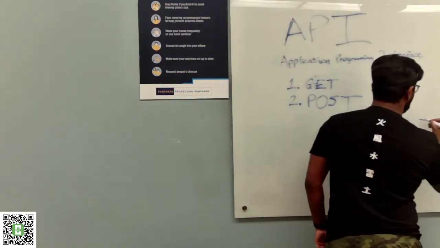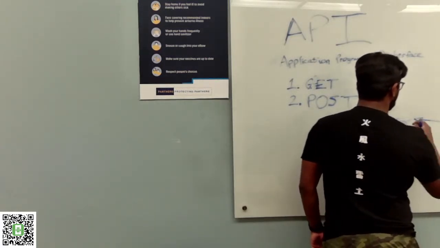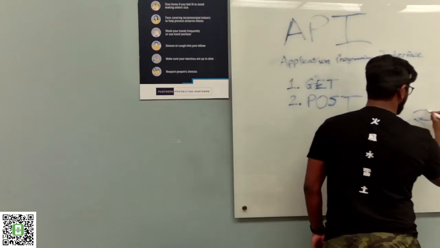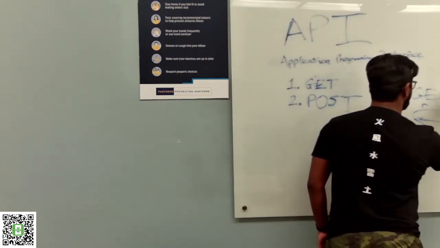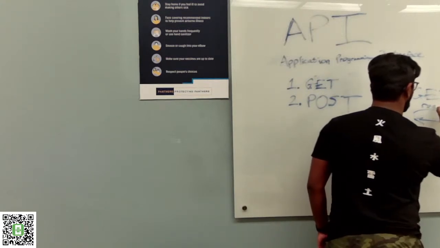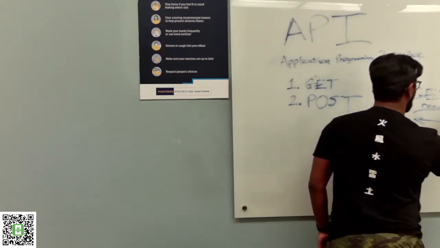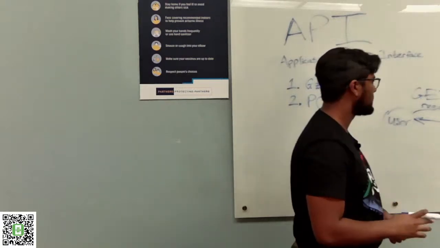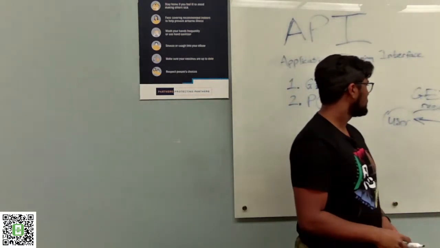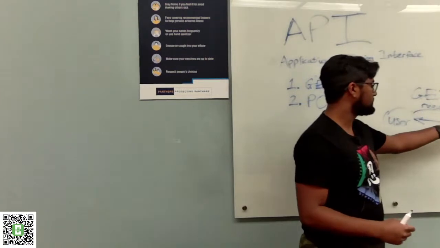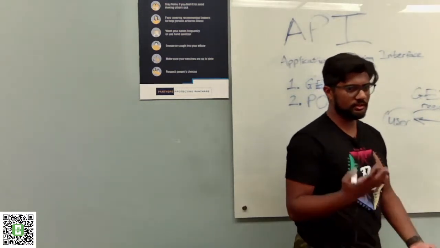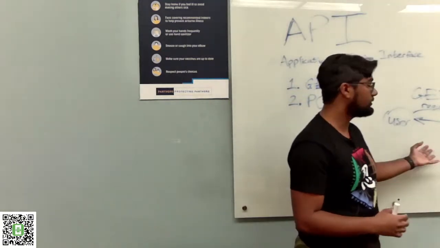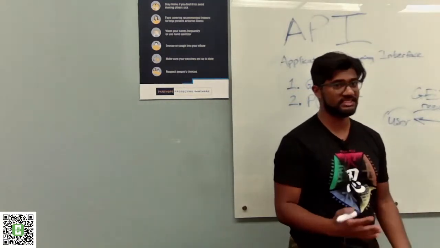Say we make the request first. This is for a GET request. We make the request, and usually there are different codes. If you make a request, what the API will give you back most likely is the information plus something called a status code.